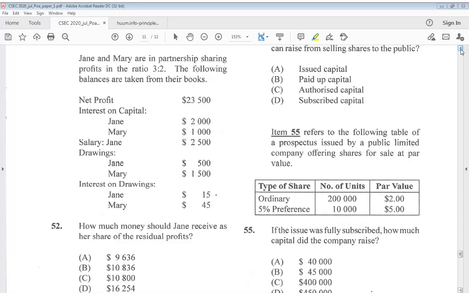Then what we do is we add our interest on drawings. There we have Jane $15, Mary $45. So that's a total of $60. And we add that $60 to our net profit and we get $23,560.